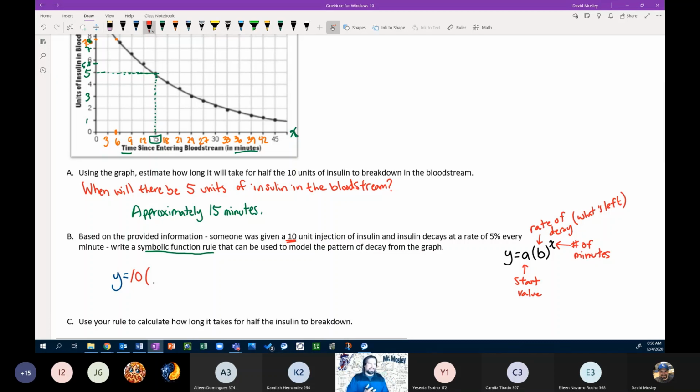What's our rate of decay based on what we talked about earlier? How much of this is left for each minute?